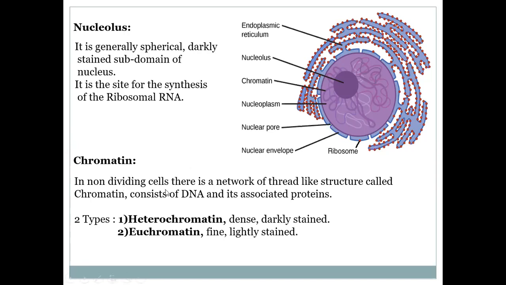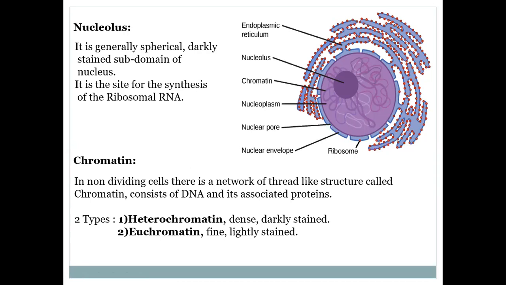In non-dividing cells there is a network of thread-like structures called chromatin, consisting of DNA and associated protein, in two types: heterochromatin and euchromatin.